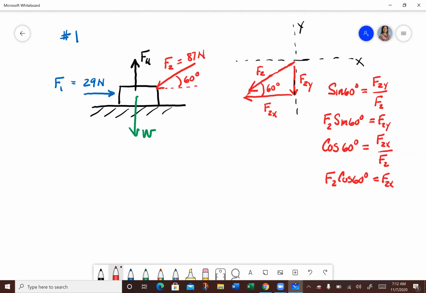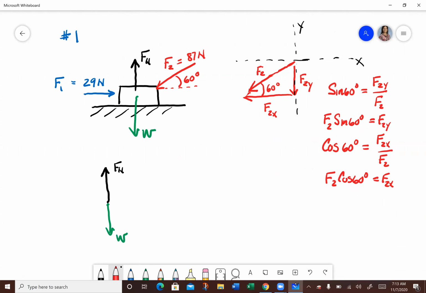So I'm going to redraw my picture with the components instead of the one at an angle. When I redraw my picture, I have F normal, I have weight acting down.